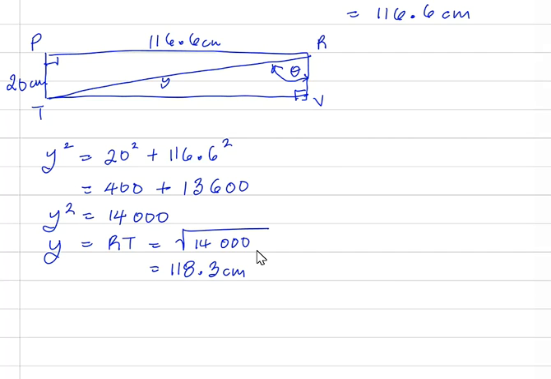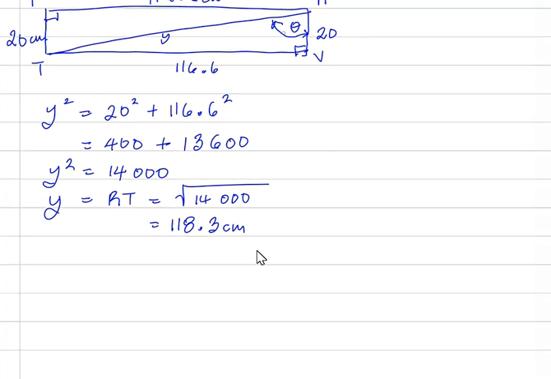I know that down here is 116.6 and over here is 20. This side here is opposite to my theta and this side is the adjacent side. The ratio that includes opposite and adjacent is tan.